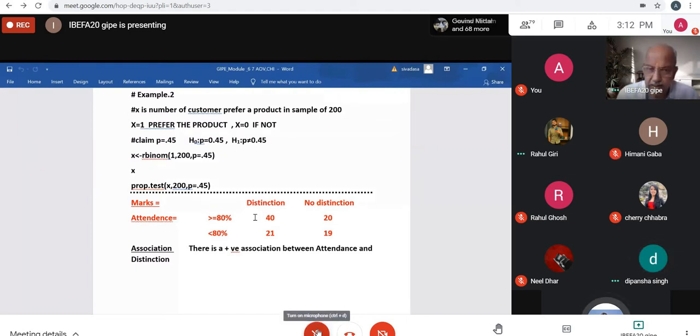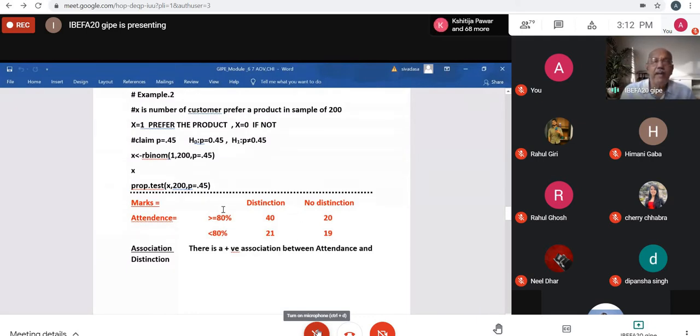Correct. So this way, if I consider 2 binomial distributions, distinction is binomial, no distinction also binomial, above 80% is binomial, below 80% is binomial, right? Either with respect to attendance or with respect to the marks, you are dealing with a binomial experiment.